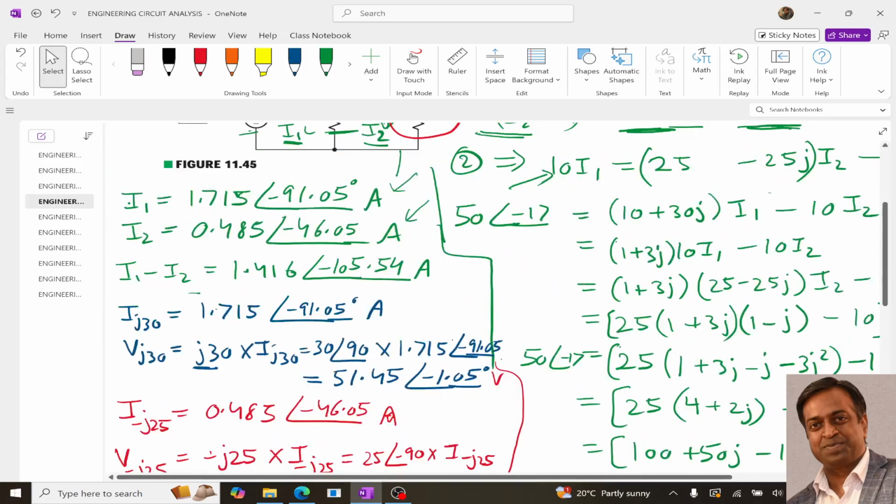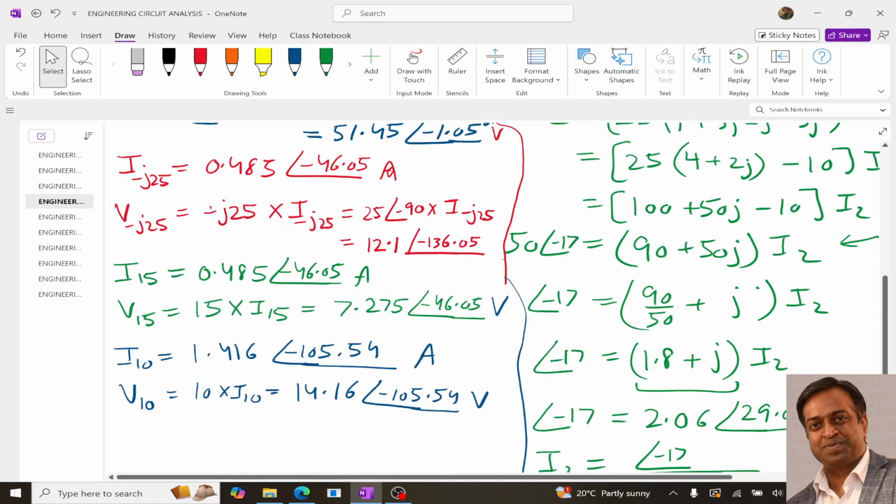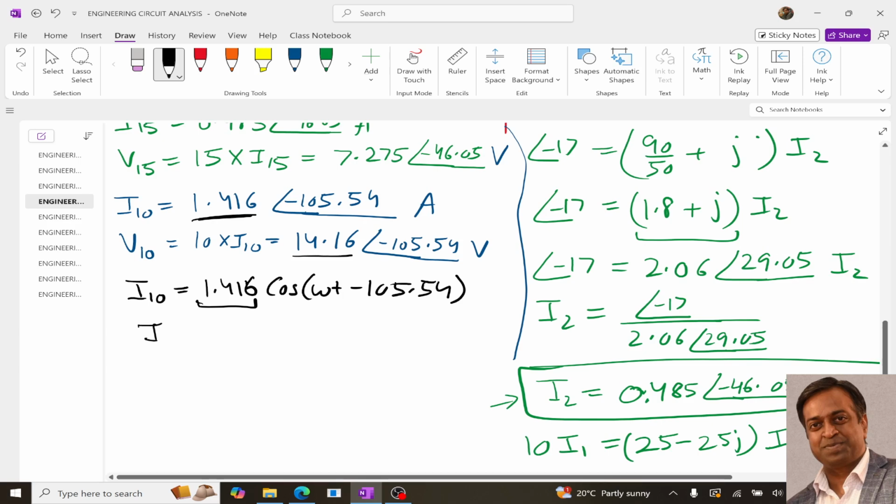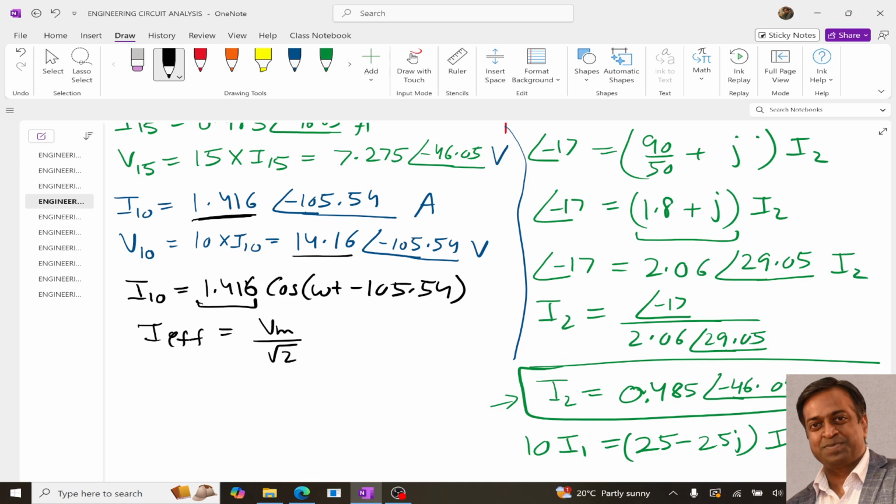Now we already know all the currents and voltages, and this is our Im, this is our Vm, because we know that V10 or I10 can be written as 1.416 cos omega t minus 105.54. This we know, right? So this is our Im. And we know that I rms or I effective can be determined as Im upon root 2, right?